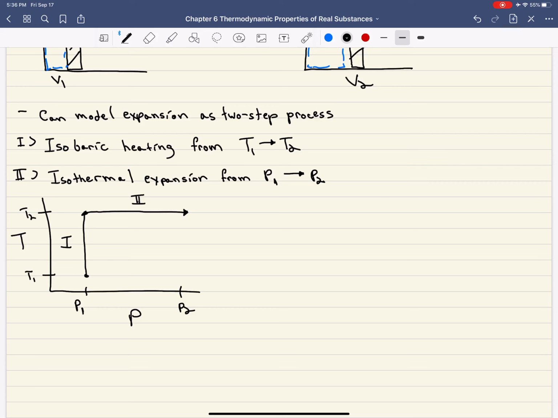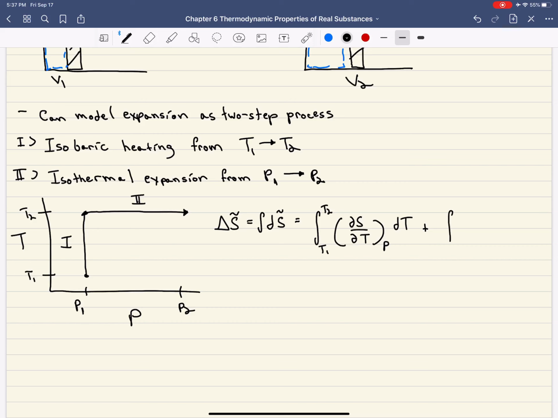If we think about the change in entropy of the gas, it would be the integral of dS. We would be looking at how the entropy changes as a function of temperature while holding pressure constant as we go from temperature 1 to temperature 2.